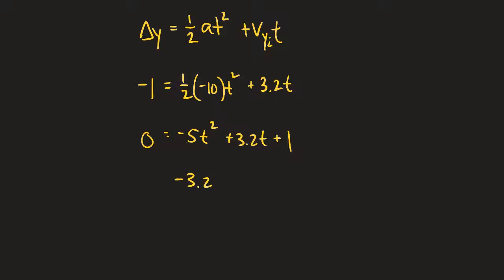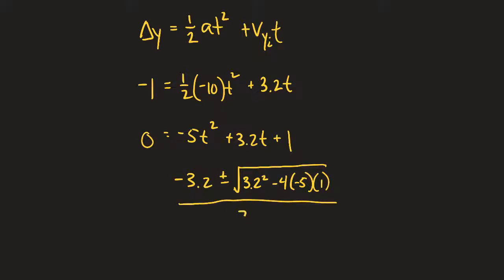Negative b plus or minus the square root of b squared minus 4ac, all divided by 2a. And I get it.